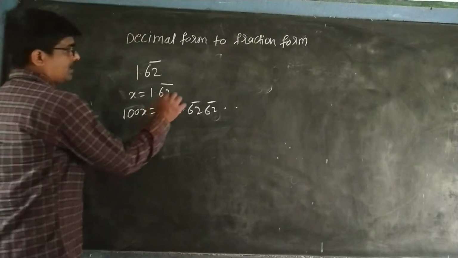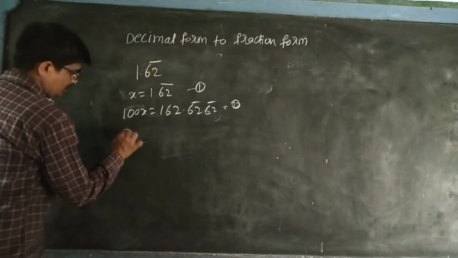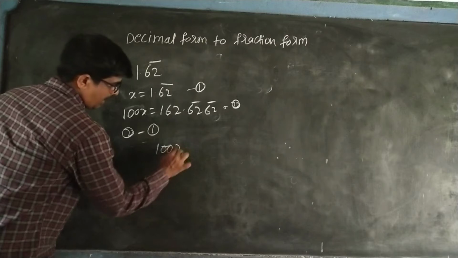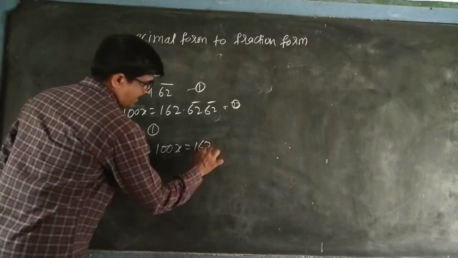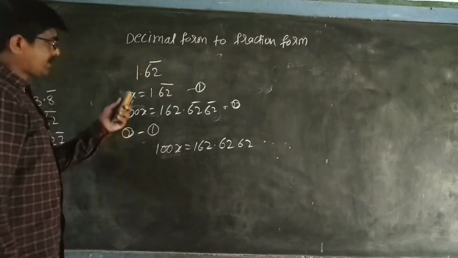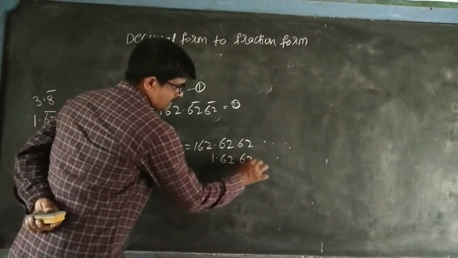Assume this is equation 1 and equation 2. Equation 2 minus equation 1: 100x is 162.6262 and so on, and x is 1.6262 and so on.